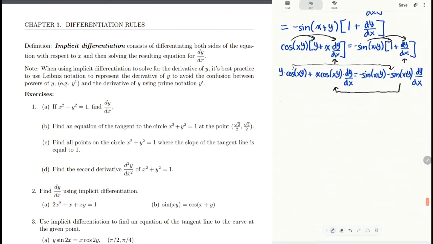And so we have x cos of xy times dy over dx plus sine of x plus y times dy over dx is equal to negative sine of x plus y minus y times the cos of xy.